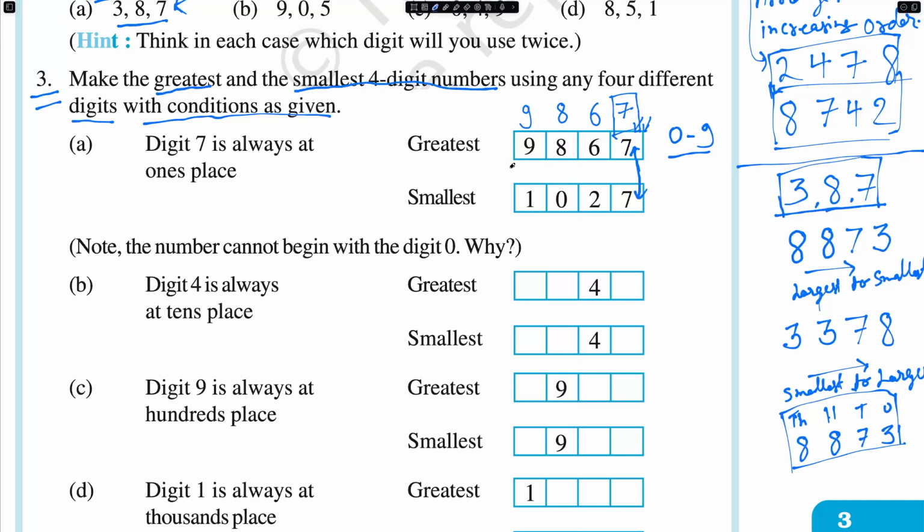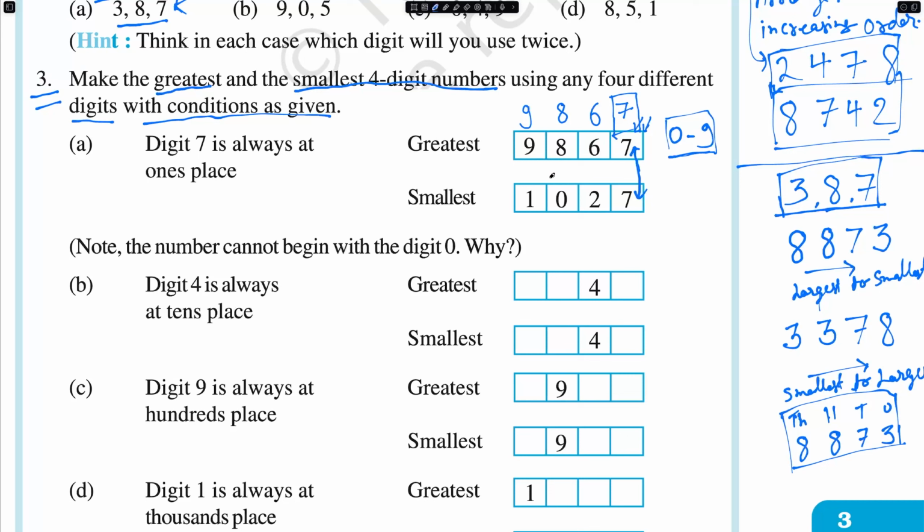Similarly, if I want to create the smallest number here, the smallest digit from 0 to 9 is 0. But what will happen if I place 0 here? As we know, 0 itself has no value. Therefore, if I place 0 at the first place, this will become a 3-digit number, not a 4-digit number.